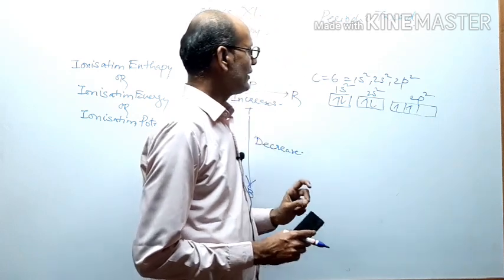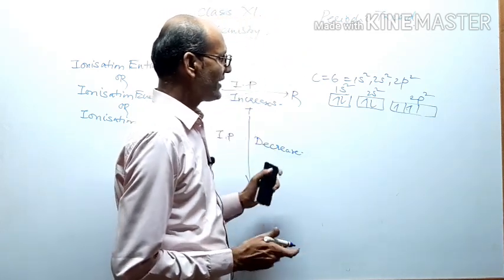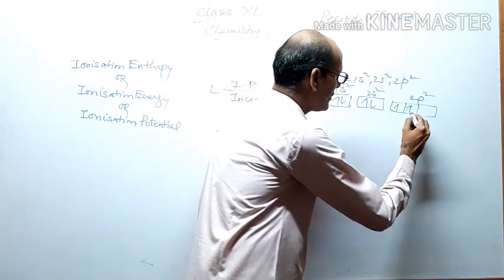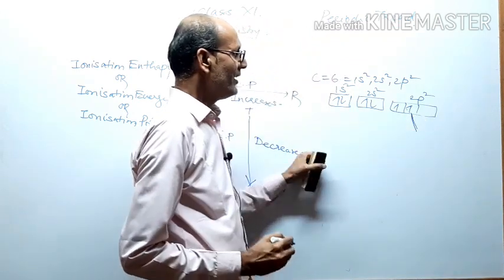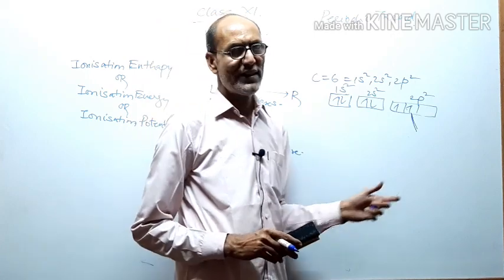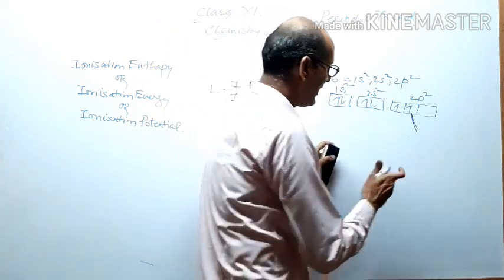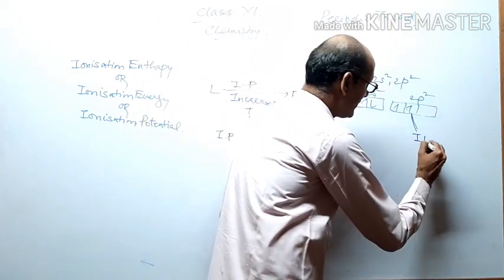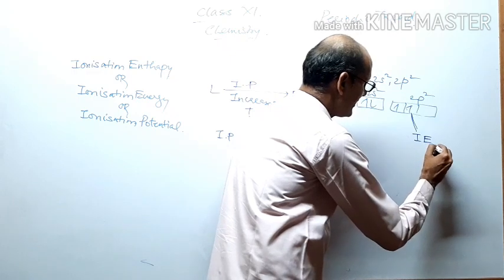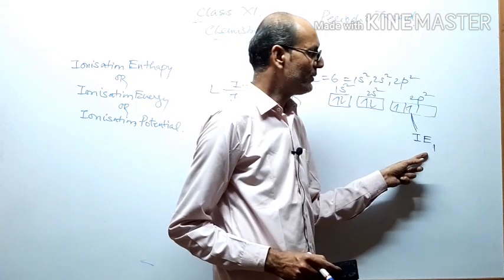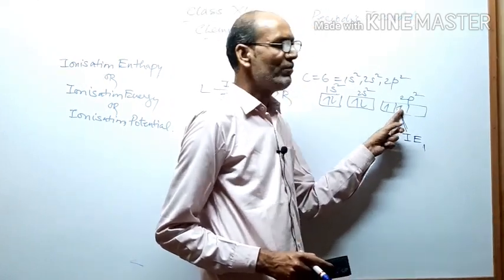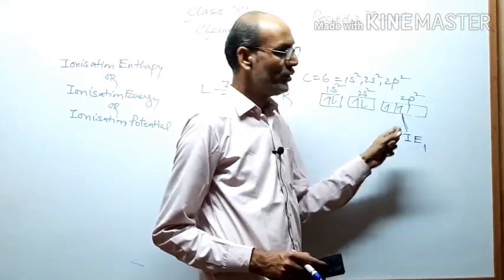It can lose 2 electrons or 3 electrons, 4 electrons. This is the first electron, that means the last electron which you are going to lose. It requires energy to lose the electron, so its ionization enthalpy will be called ionization enthalpy 1. It can be easily removed because it is incomplete and unstable.